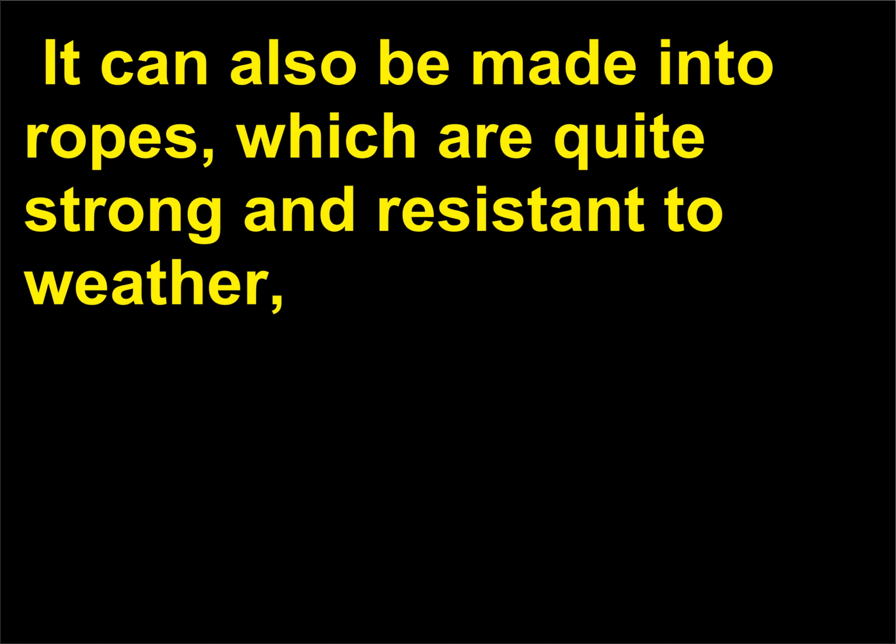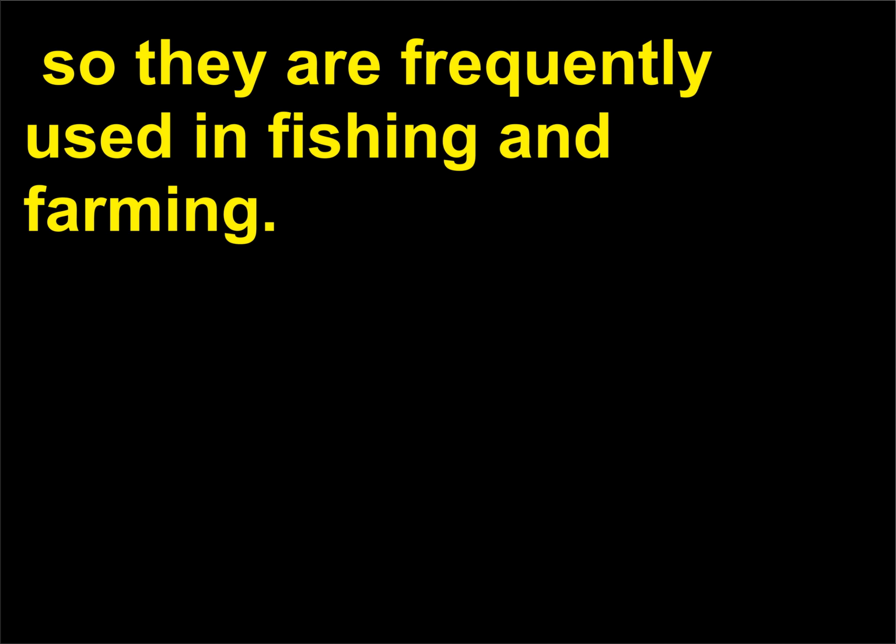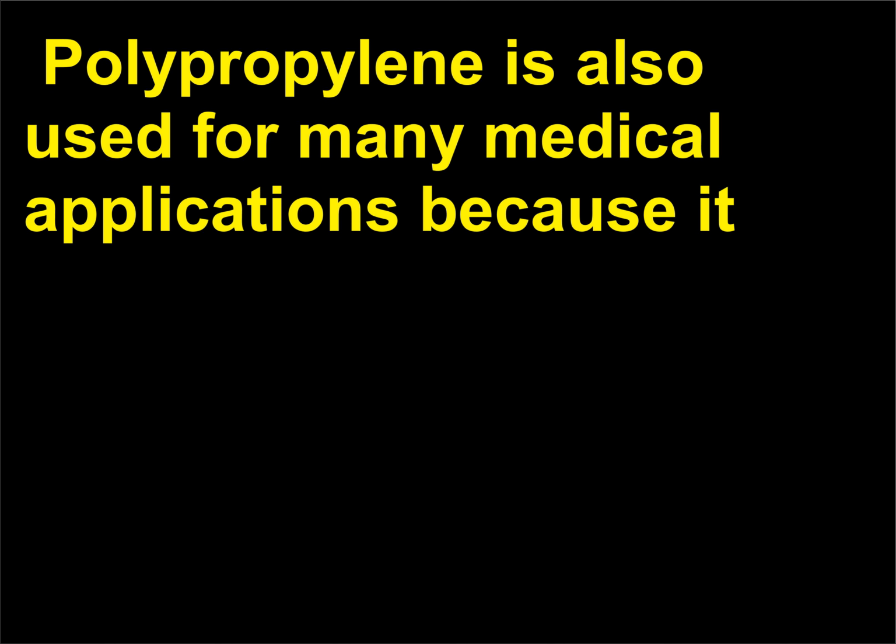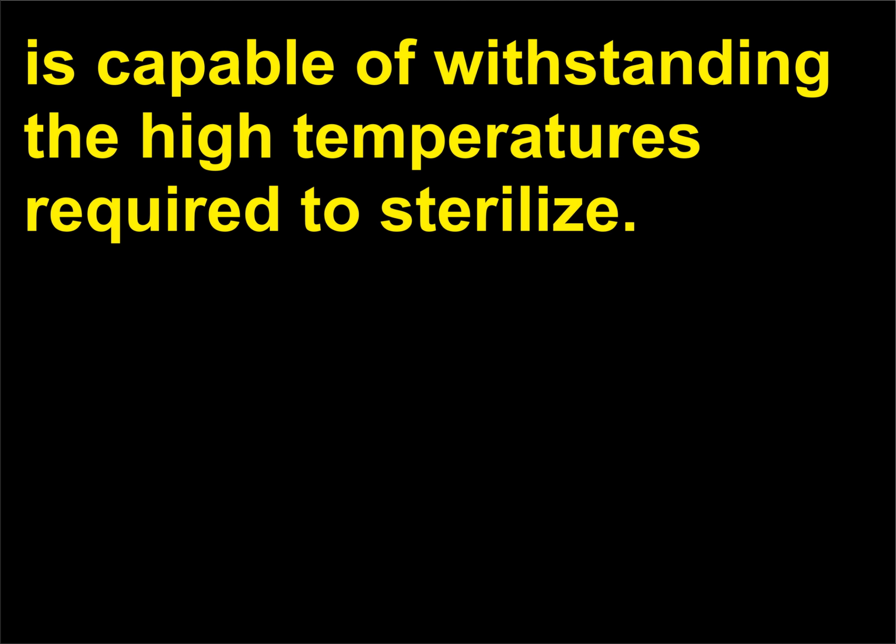It can also be made into ropes, which are quite strong and resistant to weather. So they are frequently used in fishing and farming. Polypropylene is also used for many medical applications because it is capable of withstanding the high temperatures required to sterilize.